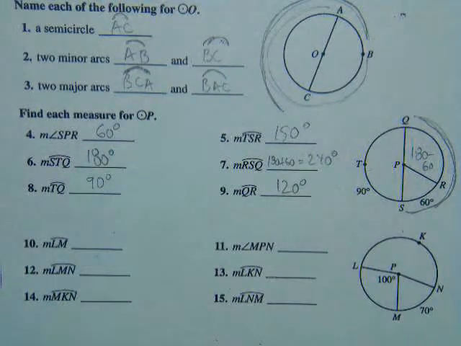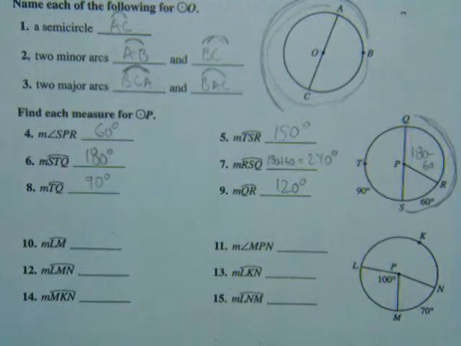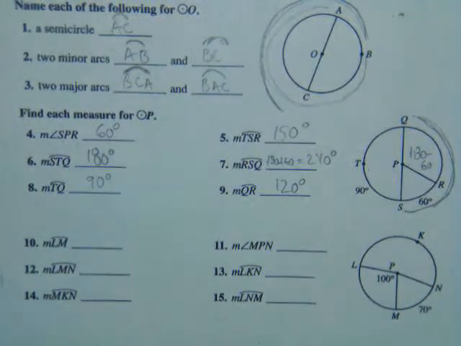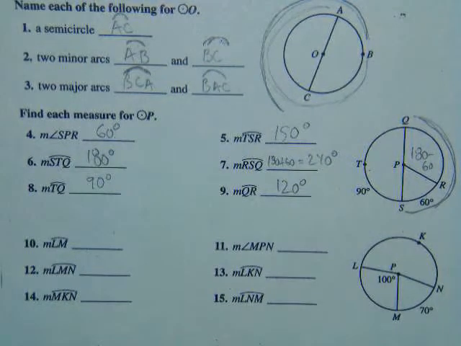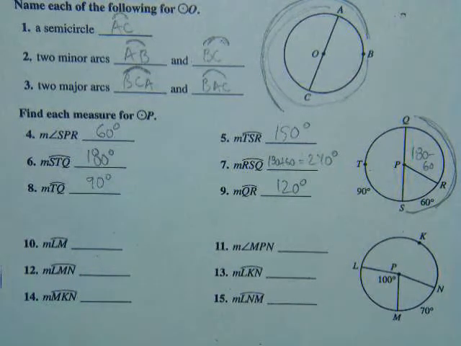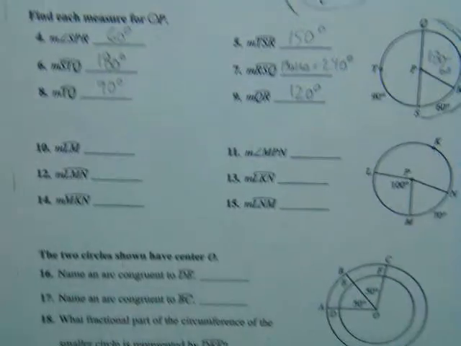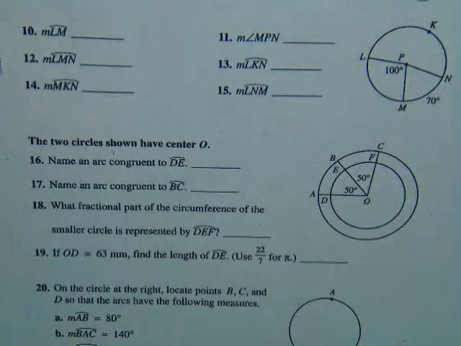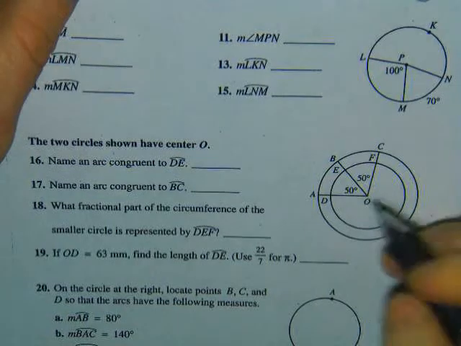Alright, that is it pretty much. I'm going to skip 10 through 15, we'll probably have you guys address that, and then we'll bump down to this down here. Arc congruent to DE.